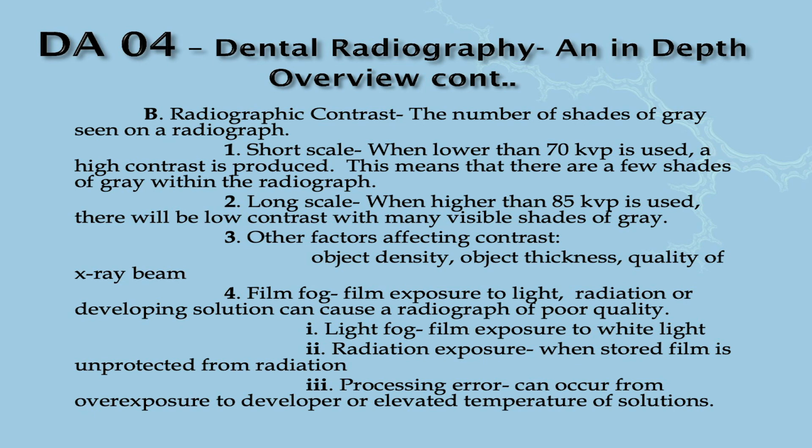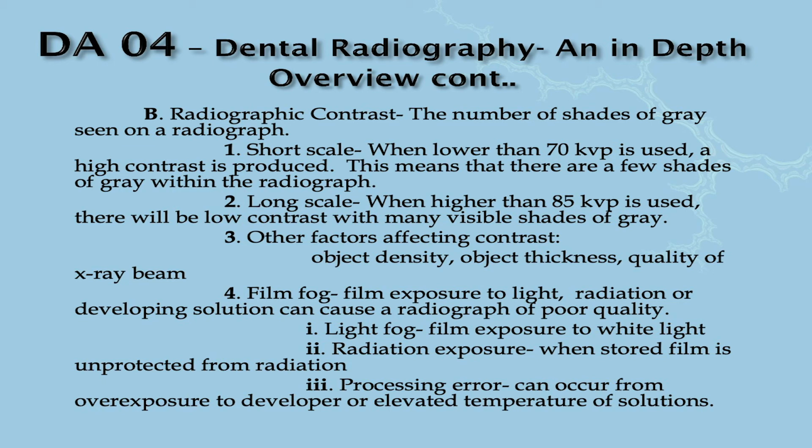The radiographic contrast is the number of shades of gray that can be seen in an X-ray. And remember, we discussed there are going to be various levels of gray, white, and black on that image. So we can also change that by the short scale and the long scale, and other factors can also affect the contrast, such as the density of the object, the thickness of the object, and the quality of the X-ray beam.